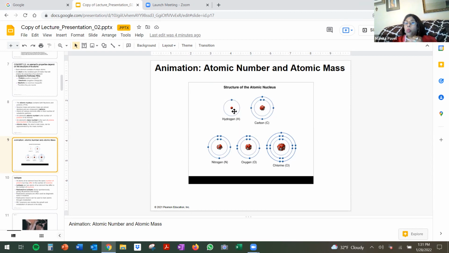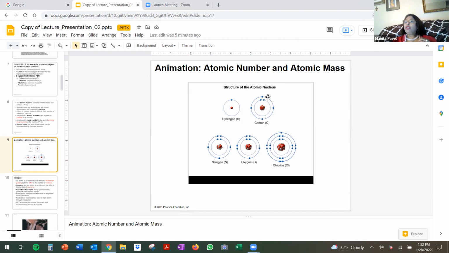Now, what are we placing in an atom? In this atom, you can see there are different rings. These concentric rings are called electron shells or orbitals. What would you find in an orbital? Only electrons.